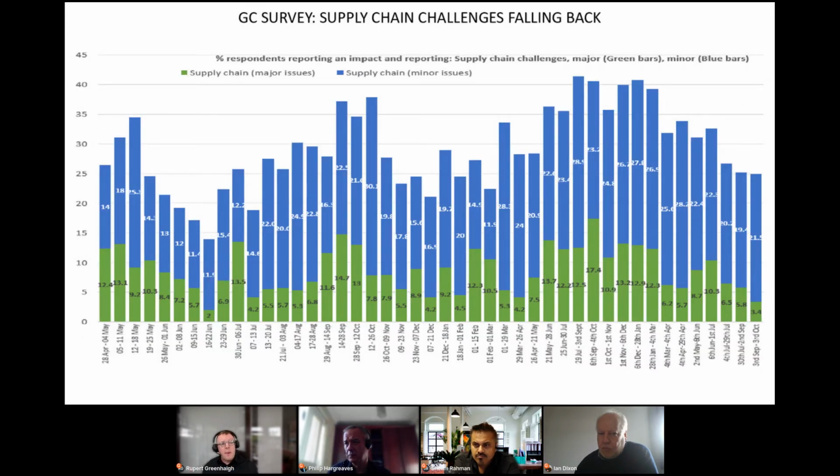We also asked firms about the supply chain problems, and the blue bars indicate those that said they're minor issues, but we can deal with it, and the green is more severe. And I think it's a good map against when we've seen lockdown in the economy as well as some of those global risks. And again, those problems with supply chains, I think, are starting to fall back, which is some good news.